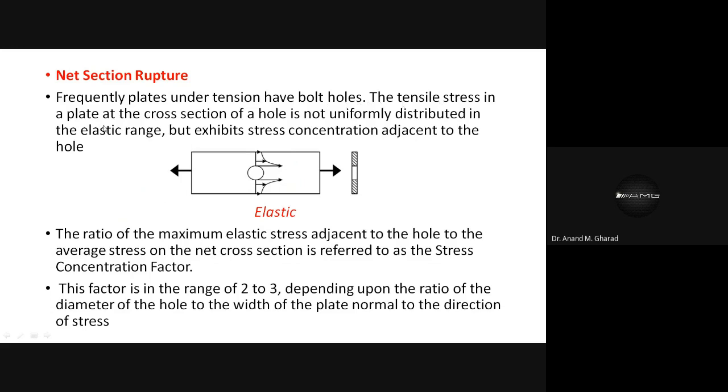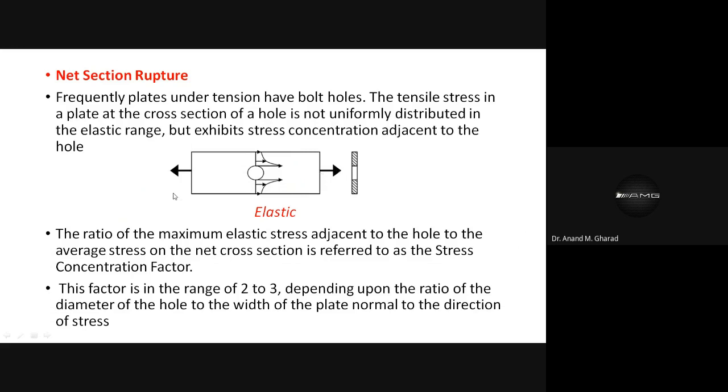The tensile stress in a plate at the cross section of the hole is not uniformly distributed in the elastic range, but it exhibits stress concentration adjacent to the hole. This is the experimental evidence which has been represented here.